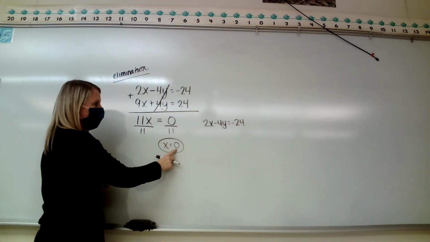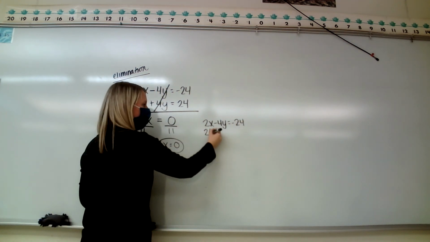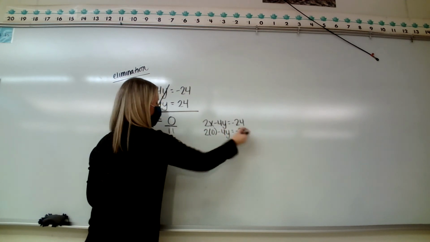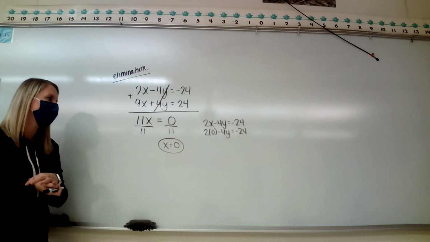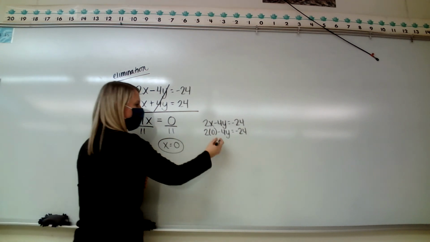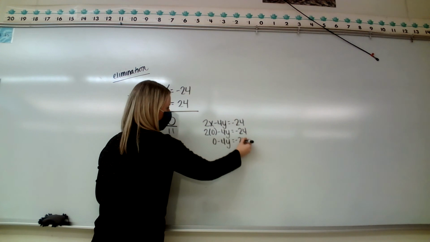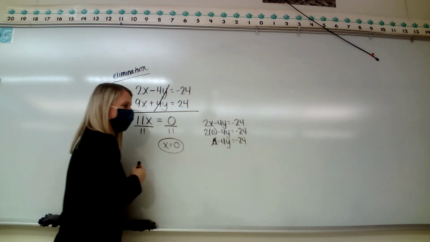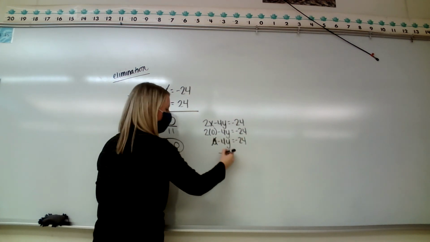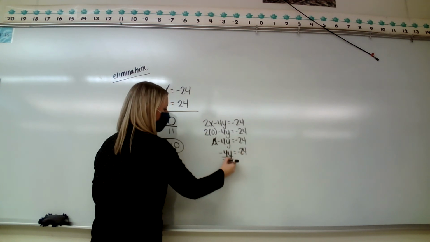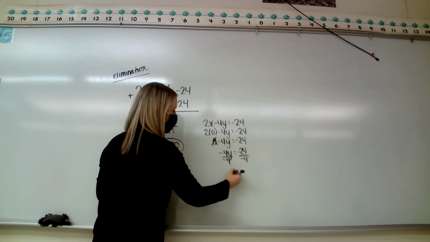We're going to plug in our x, then simplify and solve. 2 times 0 is just 0. I don't really need the 0, it's not doing anything for me. So I end up with negative 4y equals negative 24, and I would divide to get y by itself.